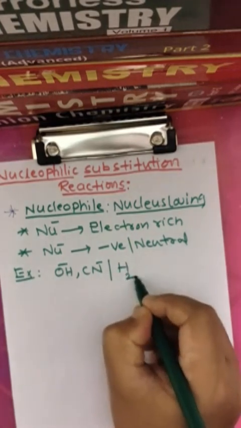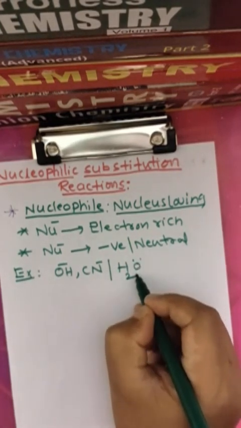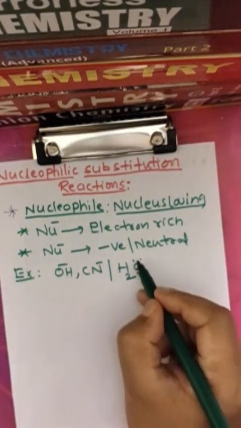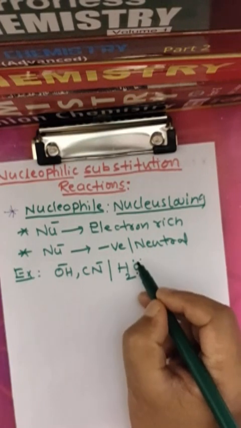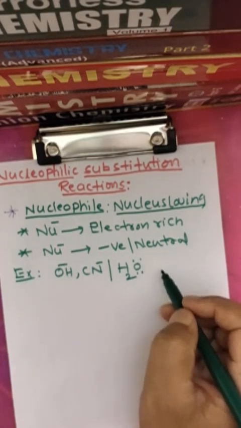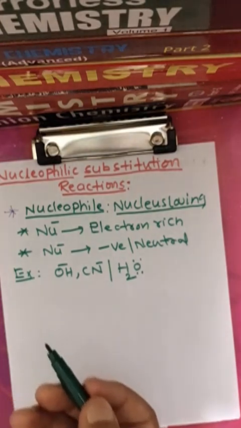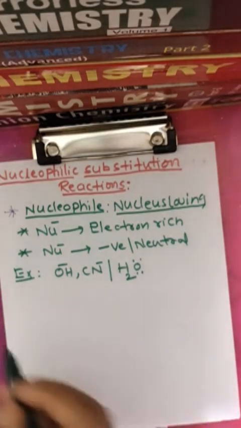Water with two lone pairs is a neutral nucleophile. Why? Because it has lone pairs, it is electron rich. It can donate a lone pair. Like this, nucleophiles can exist in negatively charged or neutral form.